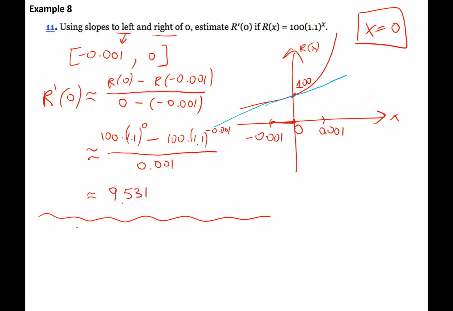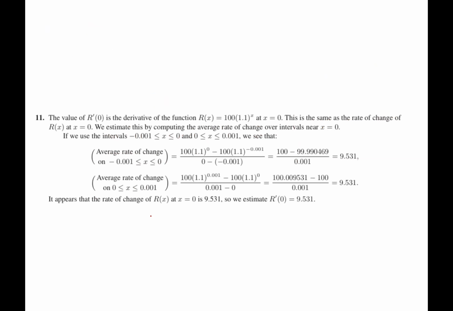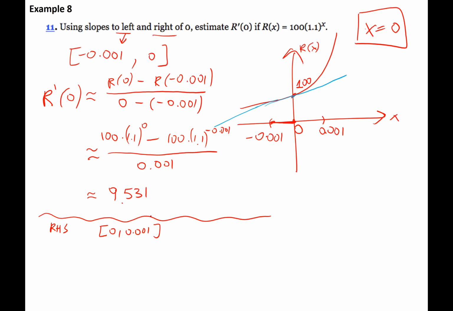So now, using the right-hand side interval, I will go from 0 to 0.001 on this side, to the right-hand side.